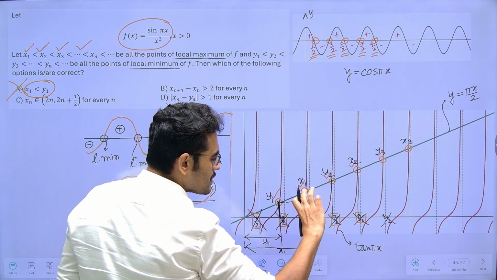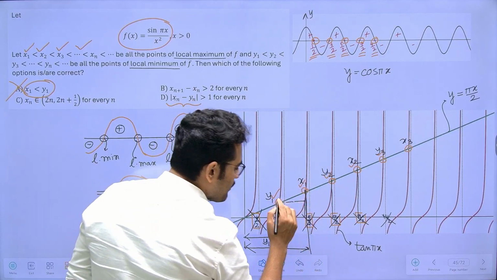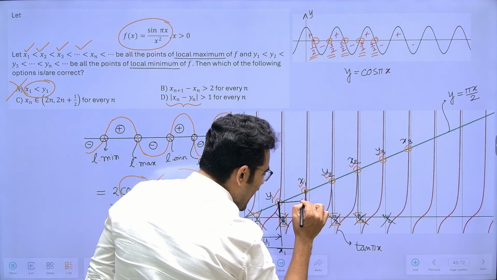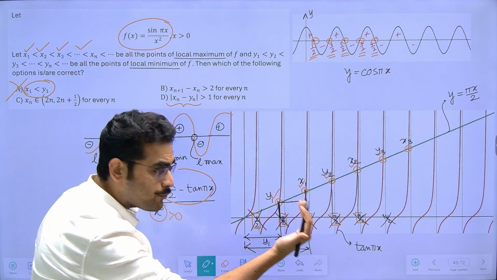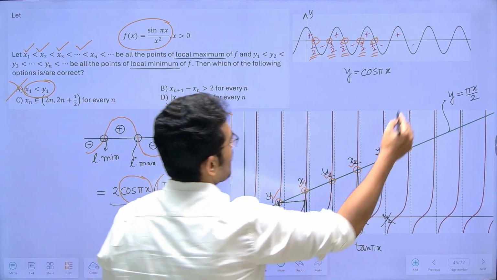Because at x1 the corresponding value is more than this value. That means if I take the same functional height and proceed, I will reach a point whose abscissa will be less than this particular abscissa x1, right? So it is happening something like this.